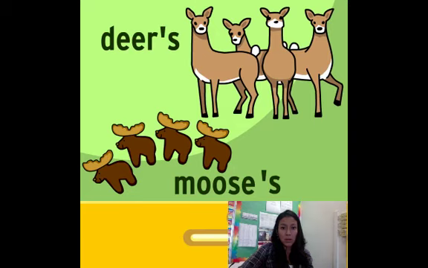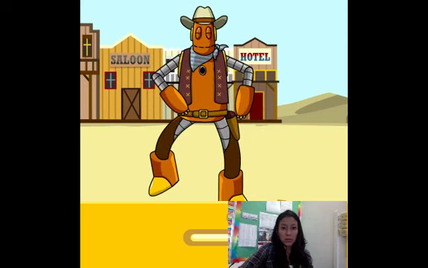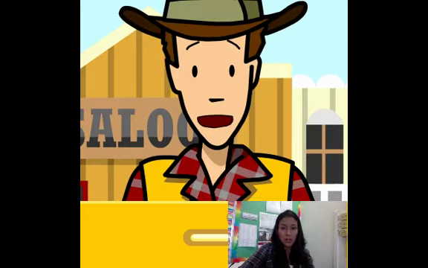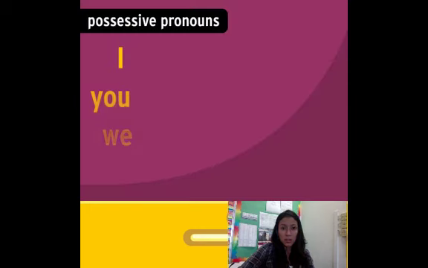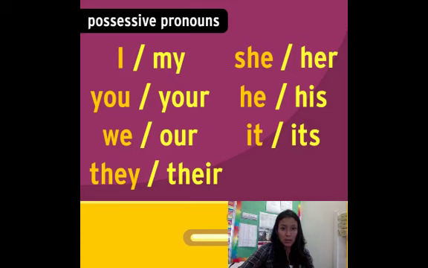That was a good catch, Moby. Hold your horses, partner. There's one other thing I need to tell you about possessives. Possessive pronouns are special versions of regular pronouns like I, you, and she. But unlike nouns, they don't require any additional letters or apostrophes to show that something belongs to them. Instead, every pronoun has its very own, one-of-a-kind possessive form.